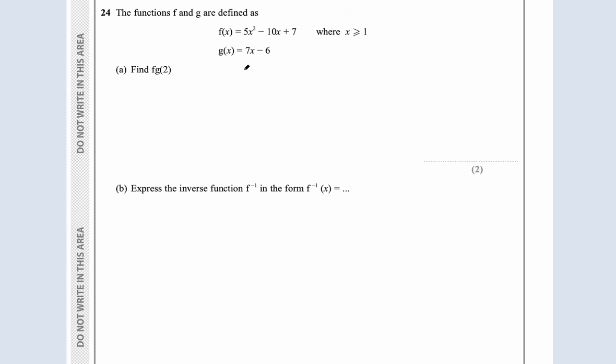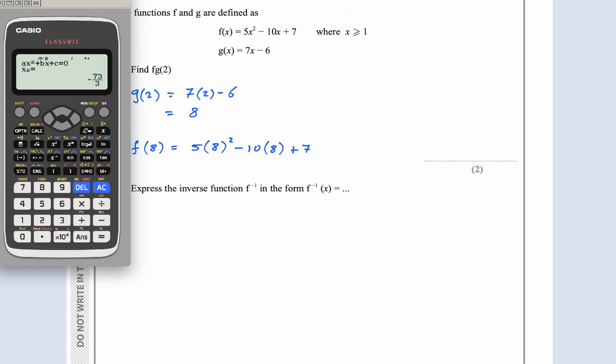24. Functions. We've f and g, and we need to find f of g of 2. This is a nice question, guys. First, you get g of 2, which we get by subbing 2 into g. So it's 7 times 2 minus 6. 14 minus 6 is 8. And then we get f of 8. f of 8 is 5 times 8 squared minus 10 times 8 plus 7.